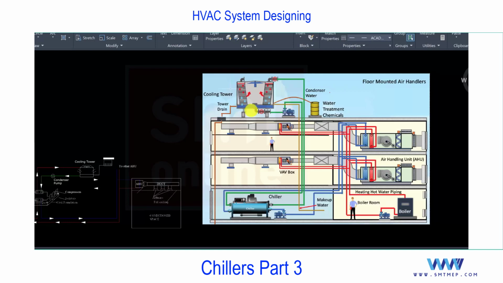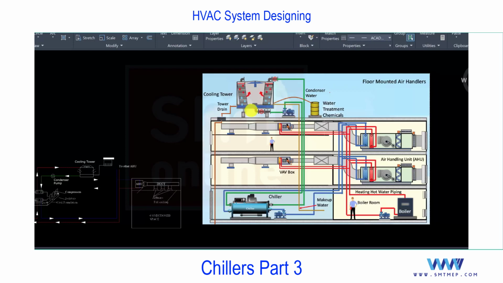How exactly the cooling tower works, that also we'll discuss. But you see, this water which is used to cool the refrigerant is going to be cooled back, and for that we require a separate cycle and a separate pump. So this complete circuit is the condenser pipe with a separate pump.